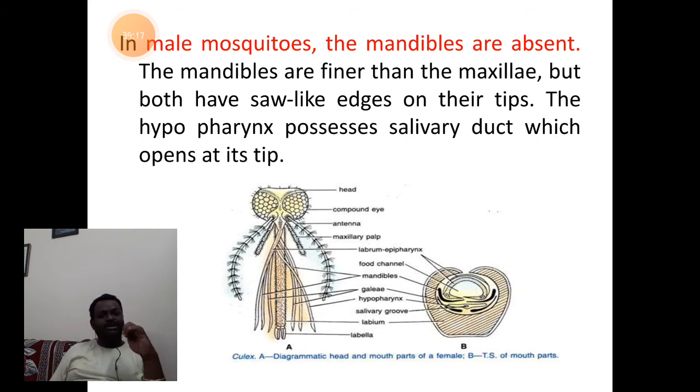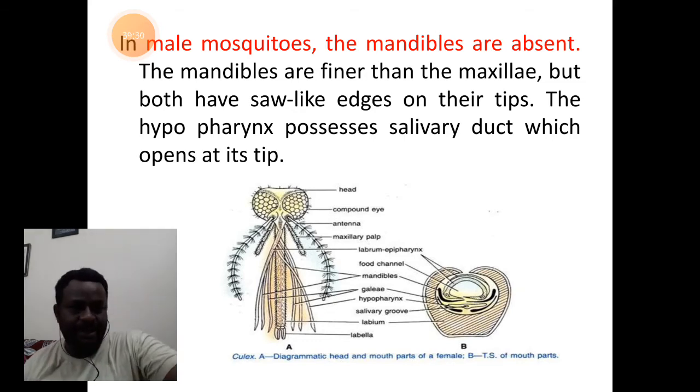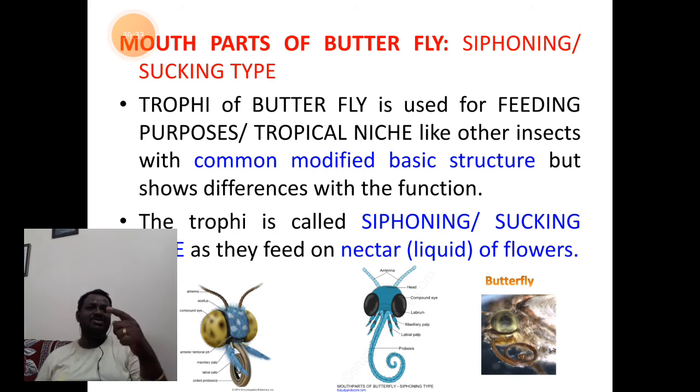In the male mosquito, mandibles are generally absent because they feed on plant juices. Whereas in females, these structures are very well developed in order to puncture the body of the host.